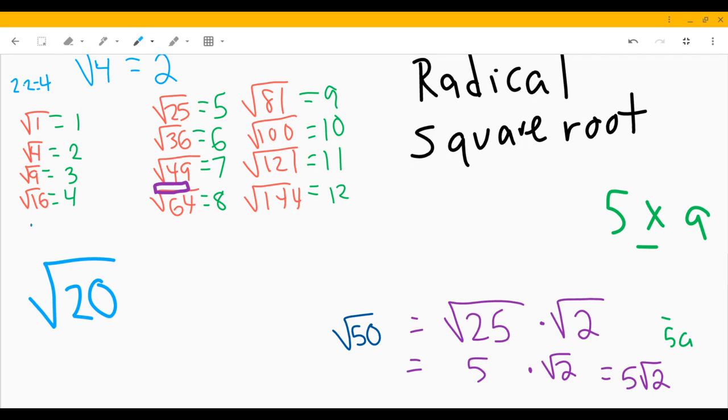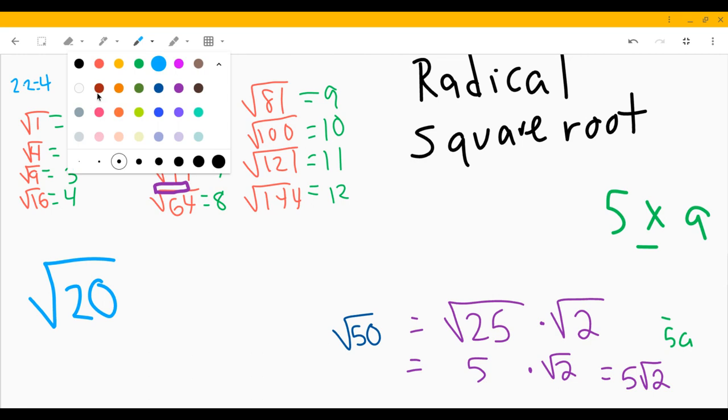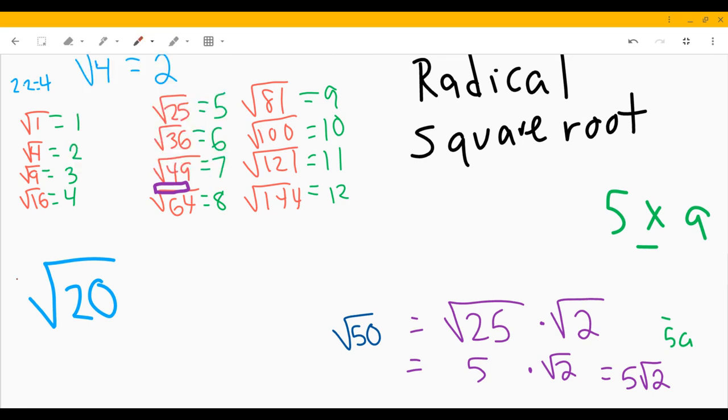Let me break down this 20 into a product of two numbers where one is going to be a perfect square number. So which one of these perfect square numbers is a factor of 20? Well, I see that 4 is a factor of 20.